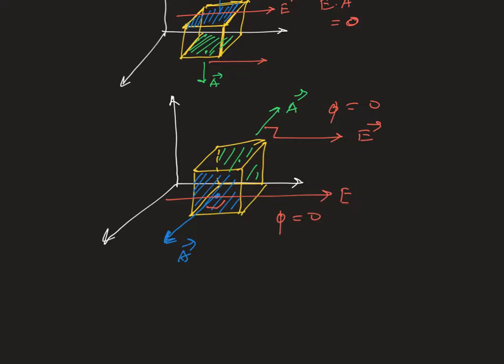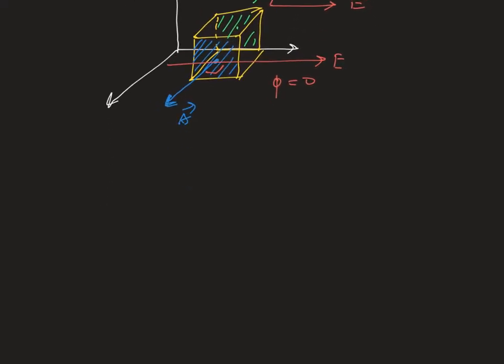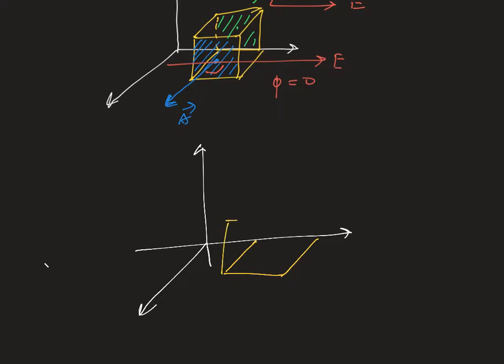So there are only two faces on the cube that will experience flux. And what are those two faces on the cube that will experience flux? Those faces on which the field line is actually crossing, or we can say that the area vector is parallel to the field.